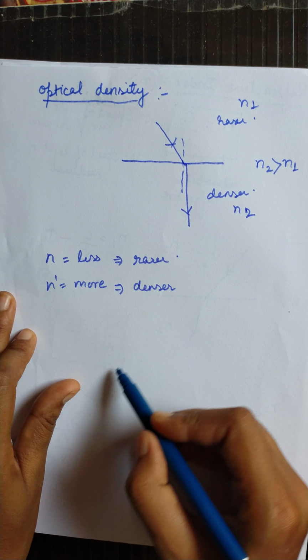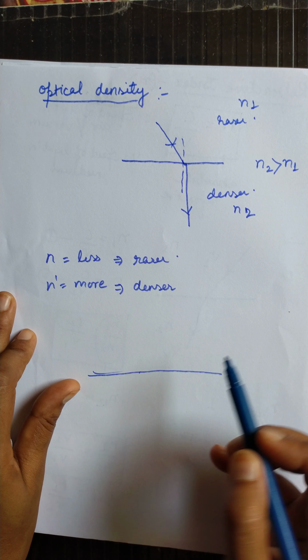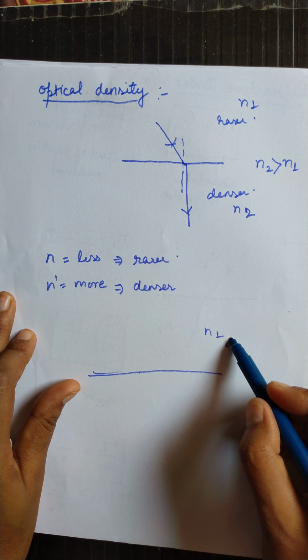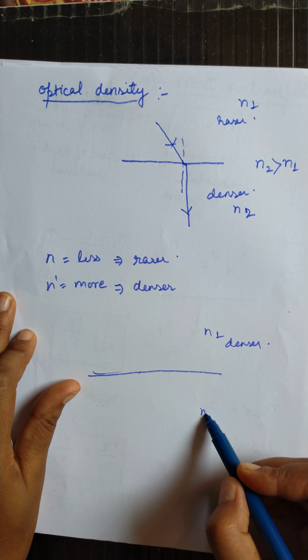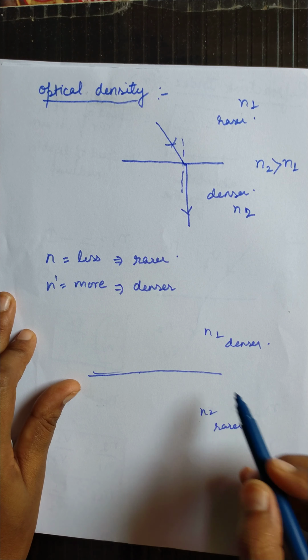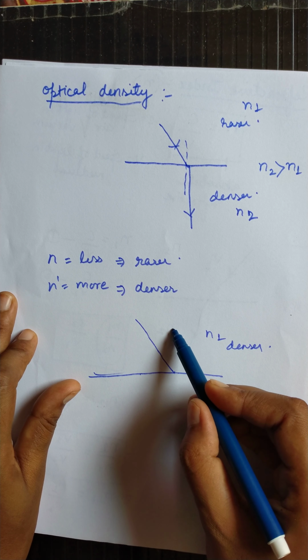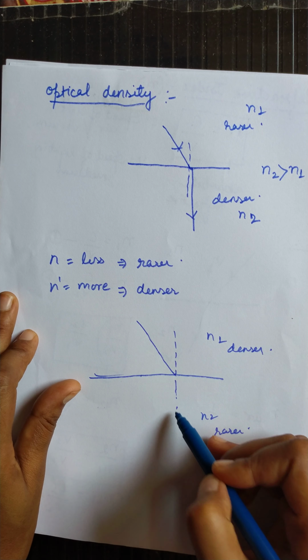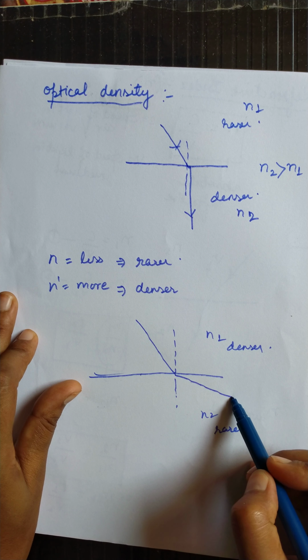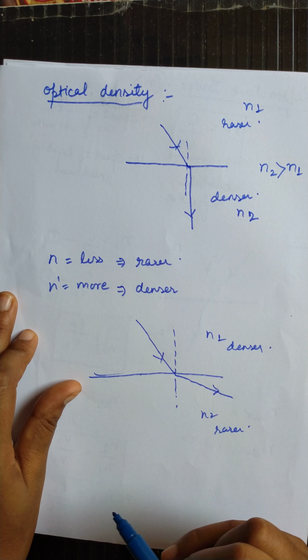And whenever a light ray moves from a denser medium, n1, to a rarer medium, n2, the refracted ray will bend away from the normal.